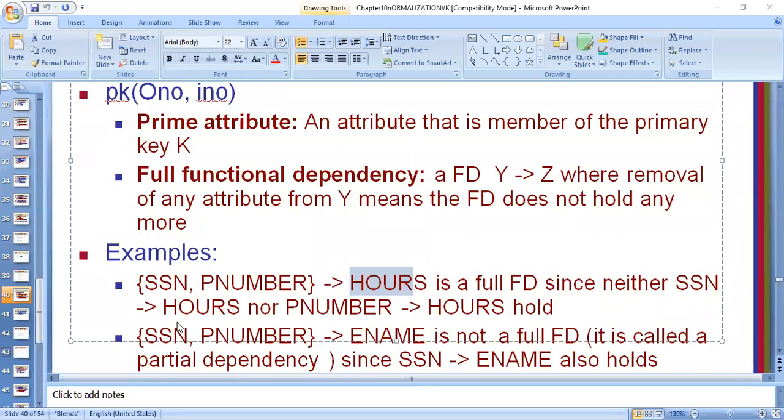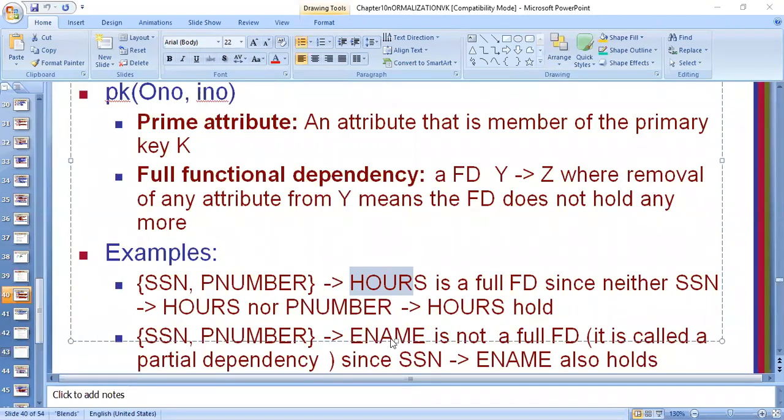No. If I take only SSN, I will still be able to uniquely determine a particular employee. Once I know the roll number, I will be able to uniquely identify who the student is, the name. So I need not have the project number. Here E name has full functional dependency only on SSN.